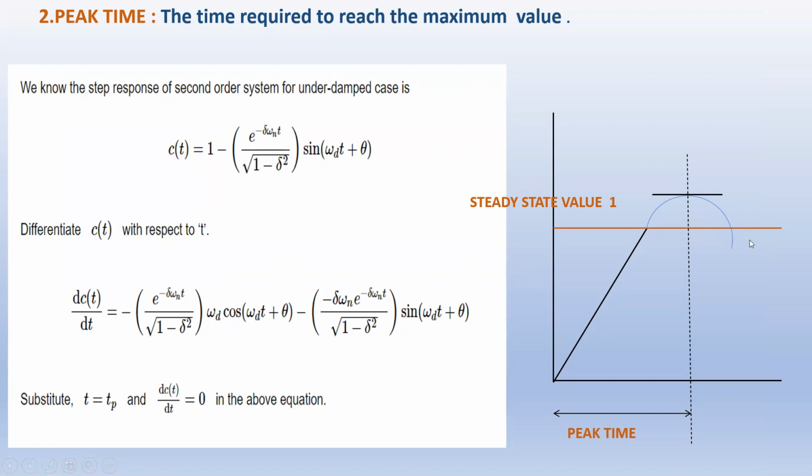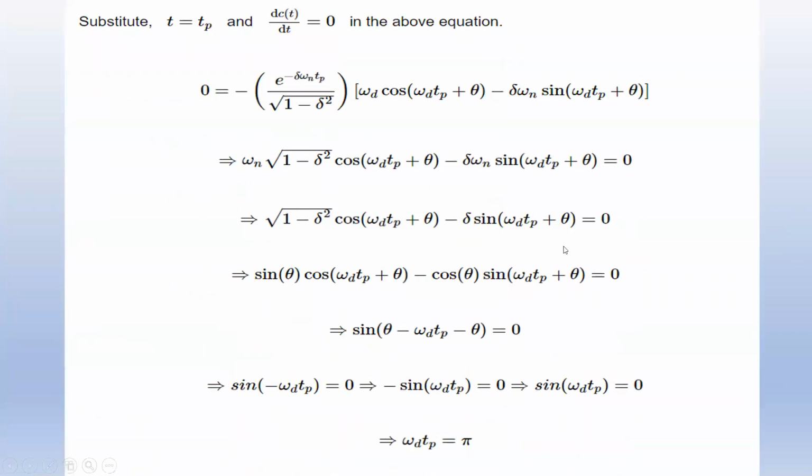Here also the slope becomes 0. So there are n number of values for which the slope becomes 0, as shown here.